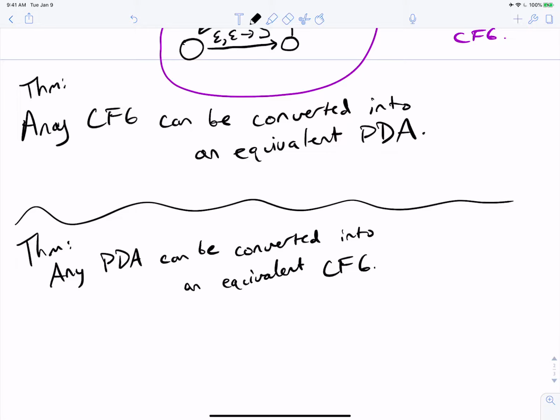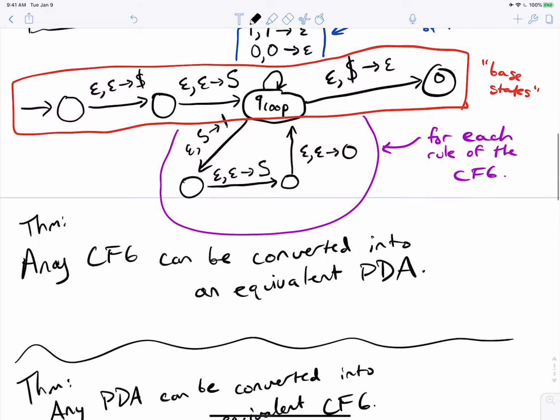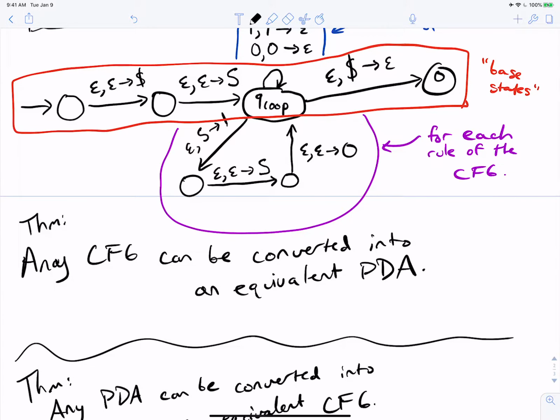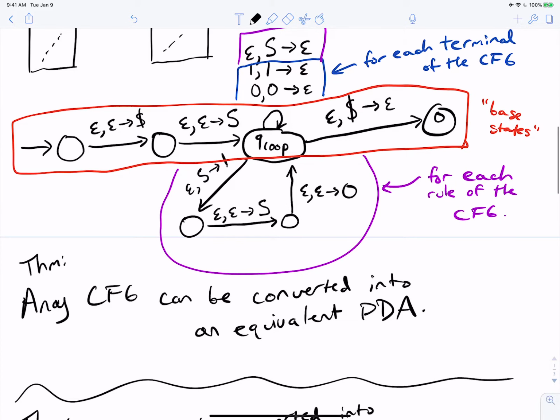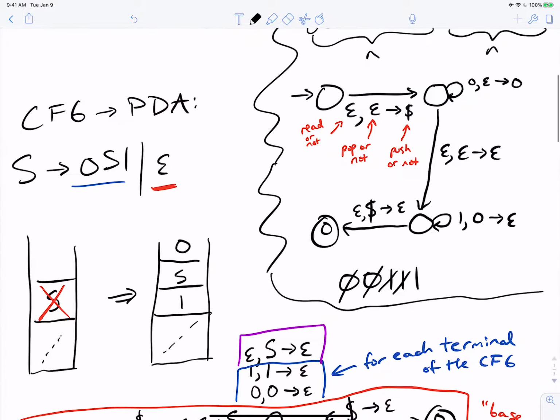So you could say, well, every PDA has this form, so just undo this construction in reverse. Is that true? Does every PDA look like this? No. In fact, look at the PDA we made before.